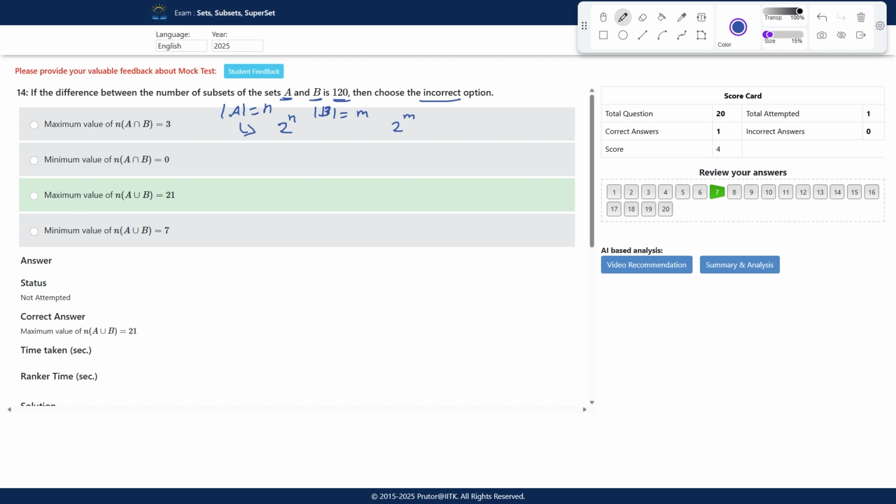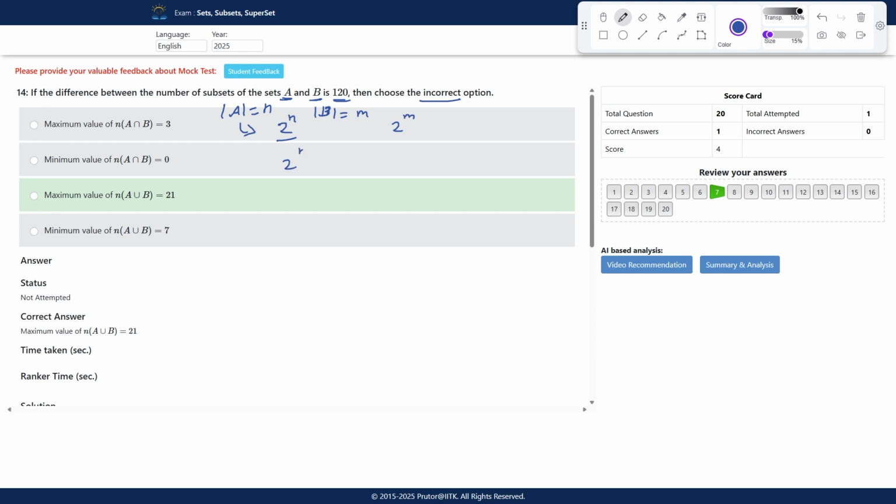Yes, option C is the correct one. It is not correct actually, but in this context the correct option is C.